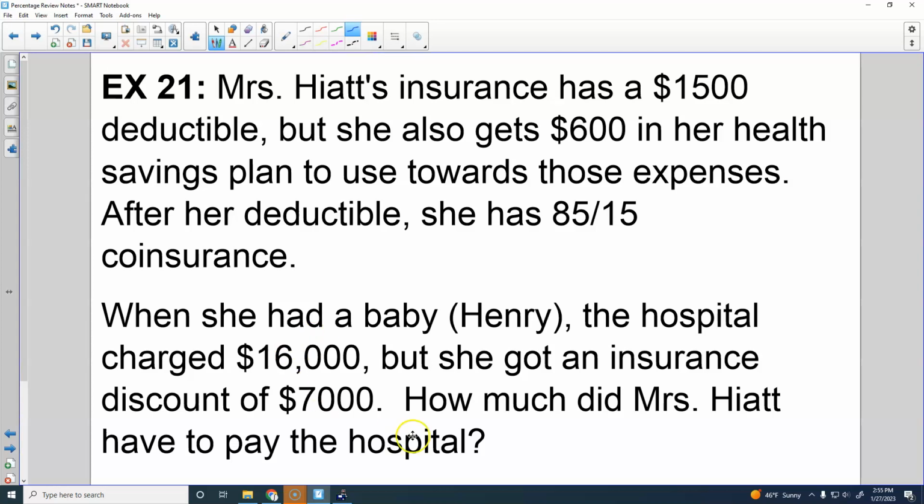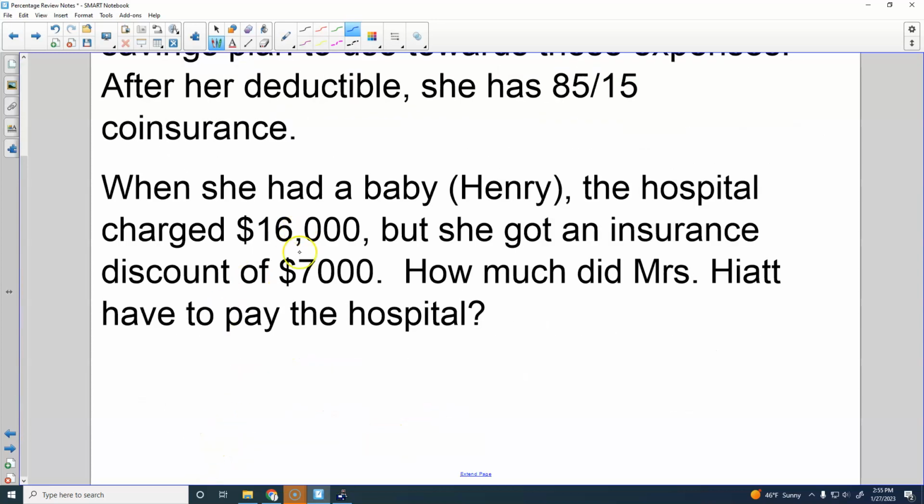So my bill was $9,000. Because they charged $16,000, insurance negotiated it down $7,000. So my bill was $9,000 before insurance started paying, right?